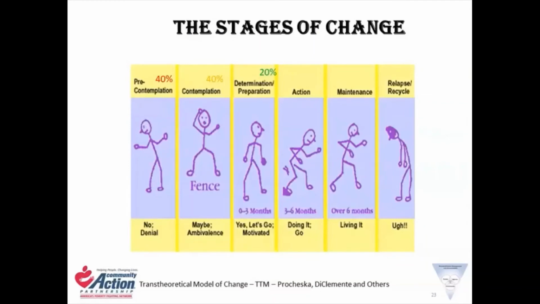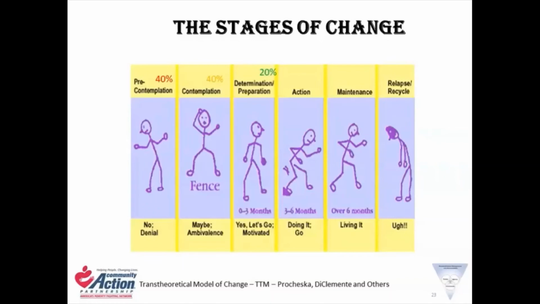This is typical stages of change, and we're going to talk a little bit about these stages today, but also know that there's an activity that you can do to help understand the agency's stages of change, where the agency might be in terms of different things like needs assessments, like strategic planning processes, like follow-up or data collection processes.